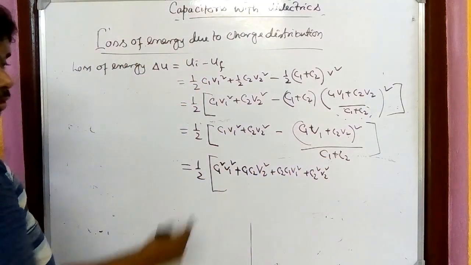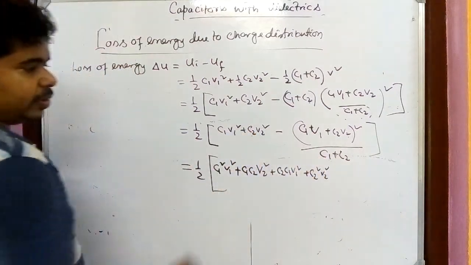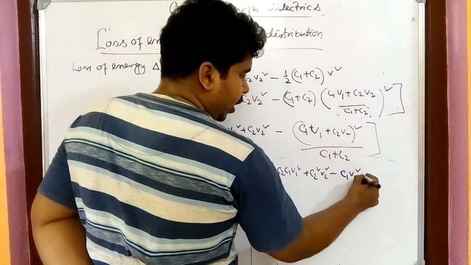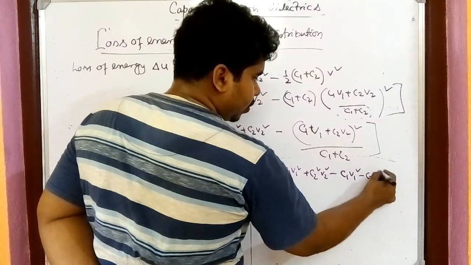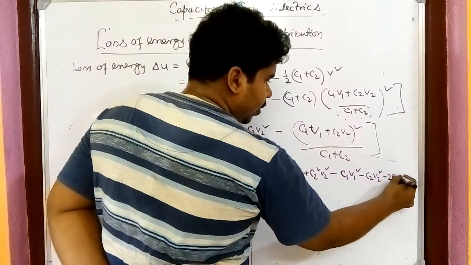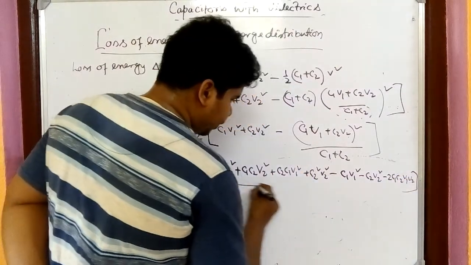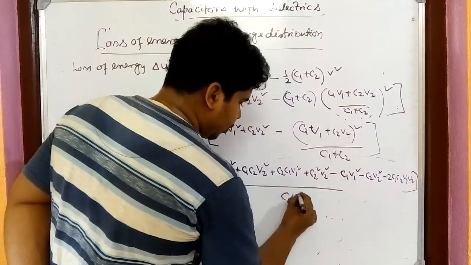We have multiplied C1 plus C2 here, minus C1 V1 square minus C2 V2 square minus 2 C1 C2 V1 V2 by C1 plus C2.